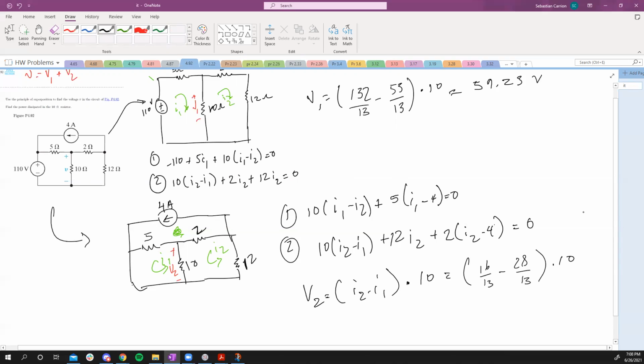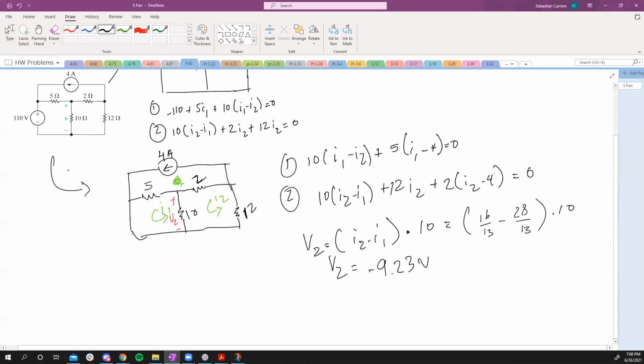That's negative 9.23 volts. And we know that V equals V1 plus V2. So we have 59.23 minus 9.23. So we have V equal to 50 volts exact.